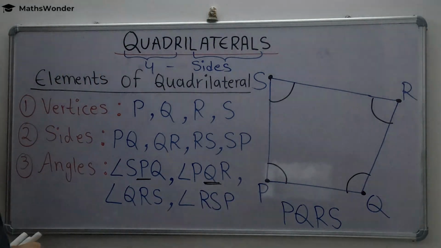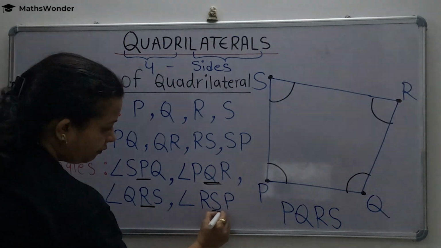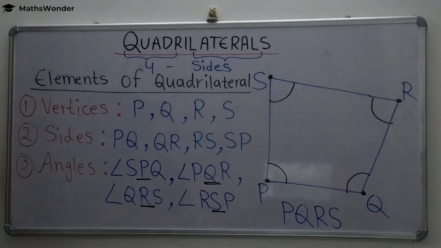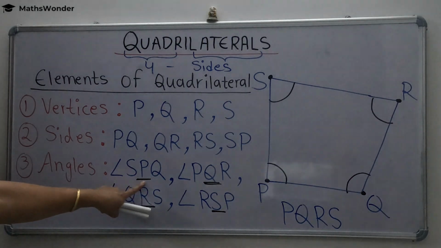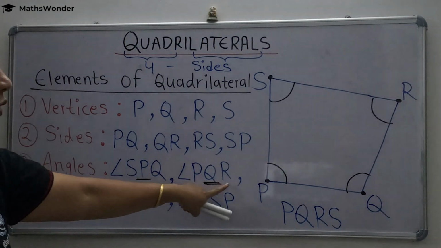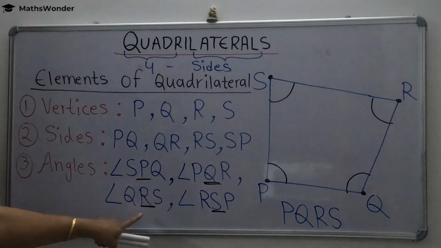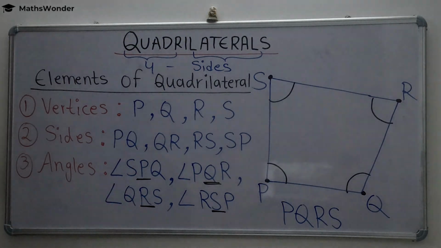Now you can see we have covered all four angles in this naming manner, right? SPQ represents P, PQR represents Q, QRS represents R, and RSP represents the angle S. So there are 4 angles in a quadrilateral. These are the 4 angles of quadrilateral PQRS.